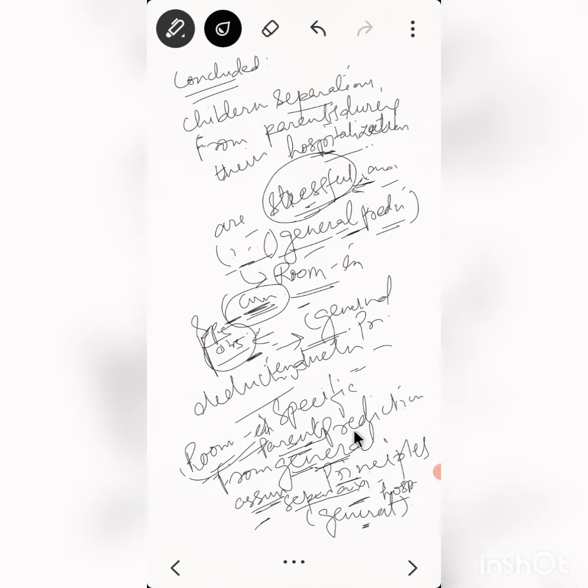Okay, so in logical reasoning, we are able to understand inductive reasoning and deductive reasoning. What is inductive reasoning? Inductive reasoning is the process of developing generalization from specific observation.